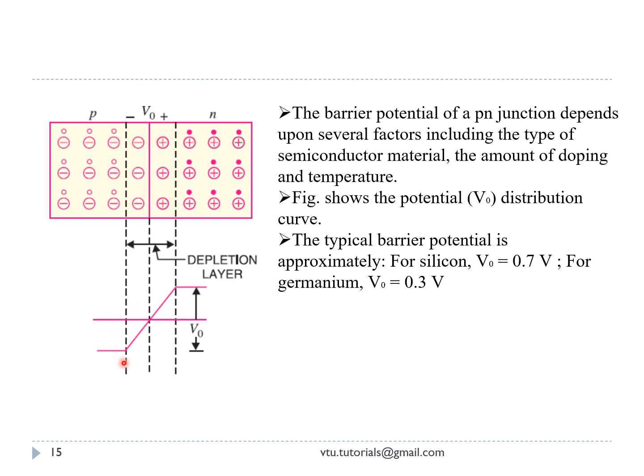Barrier potential. So here we see that at the junction the potential is 0. As we move into the depletion region, the barrier potential increases. This increase is positive because towards the N side there are positive charges.